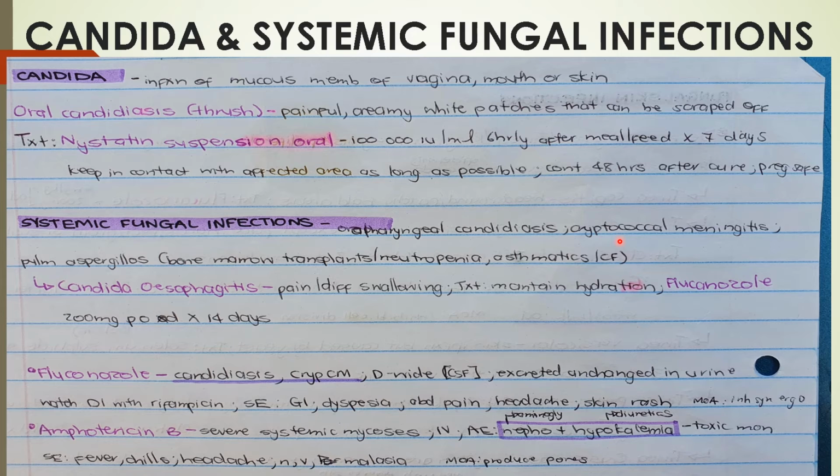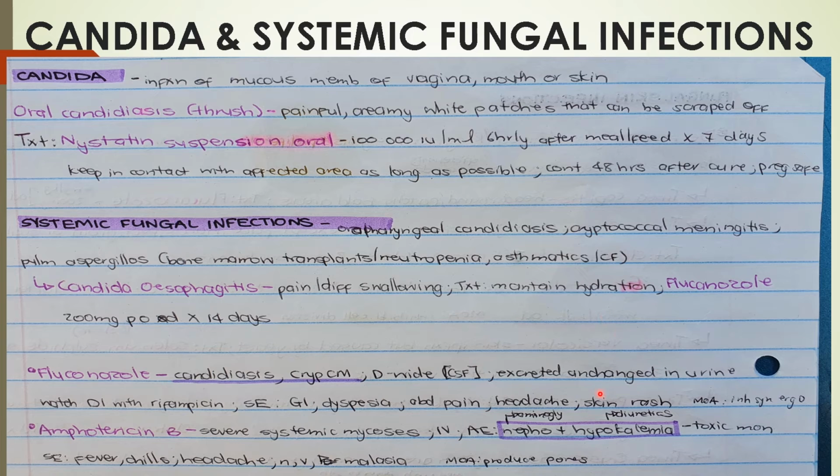This is usually after a bone marrow transplant, etc. So it's things that are not on the outside. An example would be Candida esophagitis. This is pain or difficulty in swallowing. For treatment, maintain hydration, and they'll be given fluconazole 200 milligrams orally once daily for 14 days.